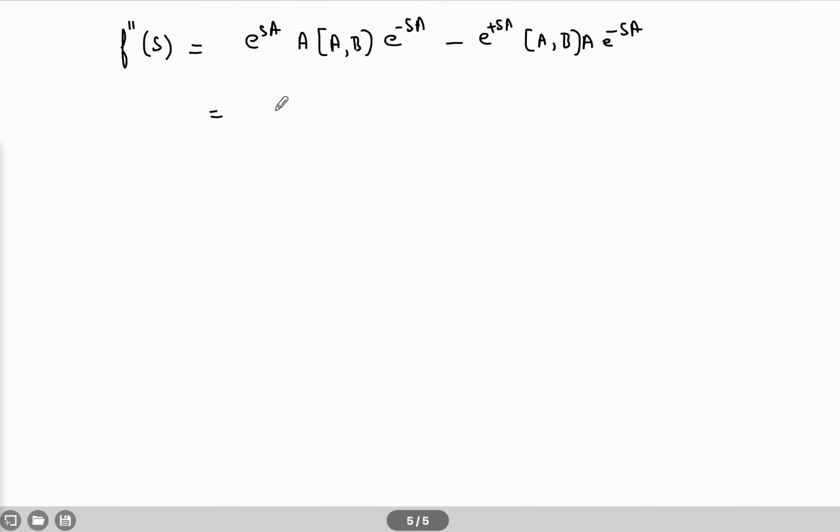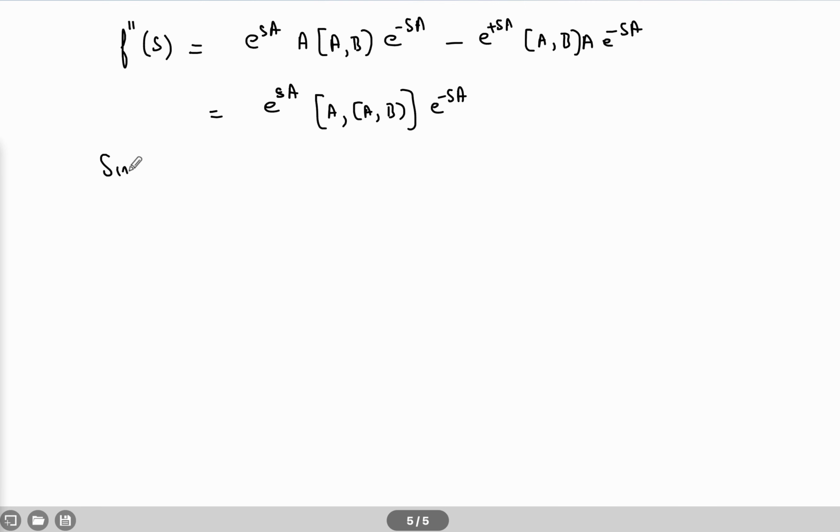So this can now be written as e to the power sa times the double commutator between a and b, which is a, a, b, e to the power minus sa, right?